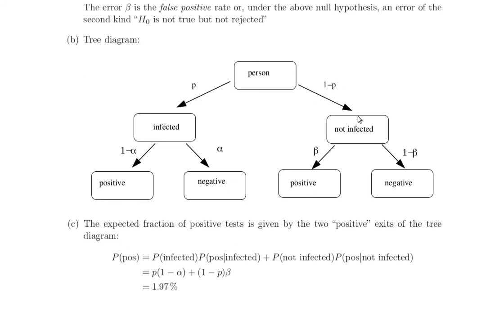Now the other branch is about a non-infected person, that means it relates to the specificity beta. So this is the false positive, and this is correctly identified as being negative.